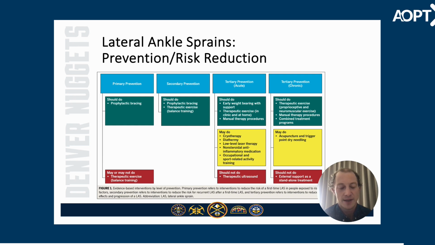Once again, tertiary prevention, so above and beyond and at the end stages of rehab. So after rehab has ended, we've made that return to performance, we've hit that end stage continuum. We want to continue with varying degrees of therapeutic exercise, manual therapy, PRN, and combined treatment programs.